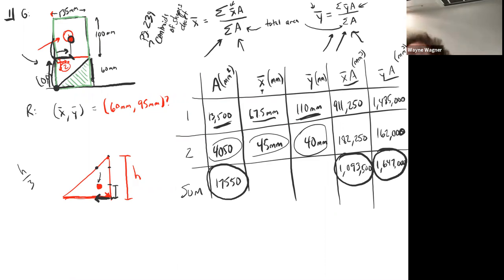What stinks about this is that a lot of times you end up with really big numbers, or if we converted all these to meters, we would end up with really small numbers. I don't know what these numbers are supposed to be, so all we can do is solve for them.